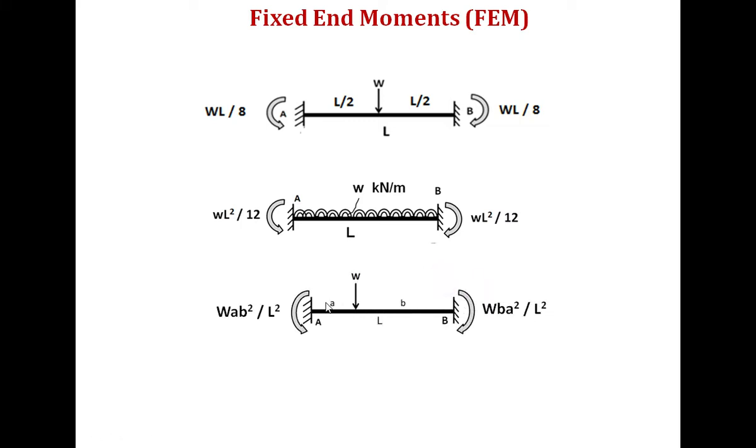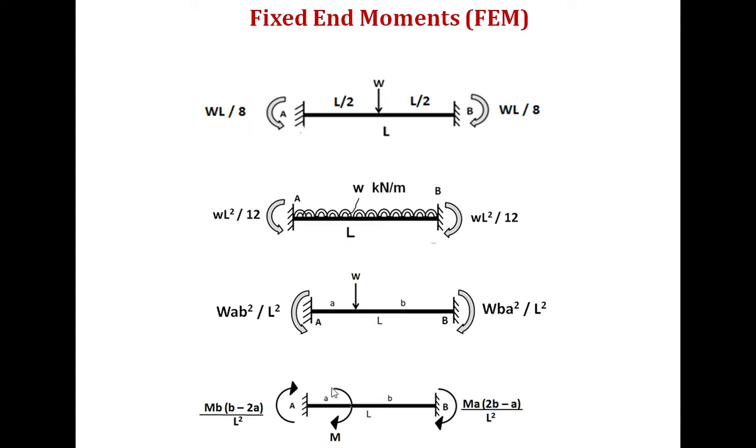When the point load is acting at an odd distance, with distance A here and B here over span L, the fixed end moment here is W into A into B square upon L square, and here it is W into B into A square upon L square. And this is when there is a moment.